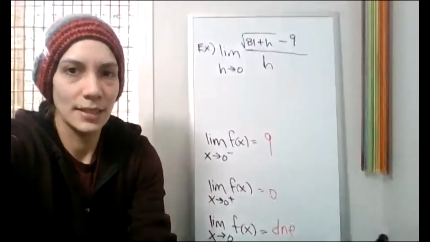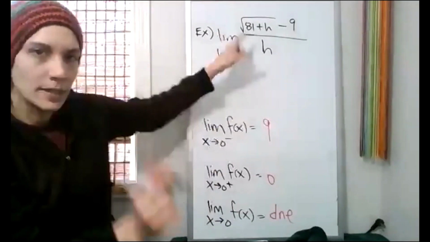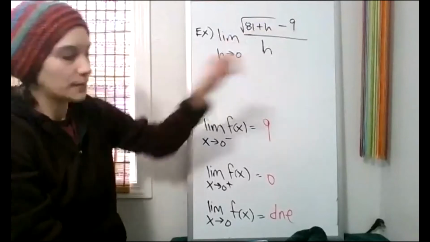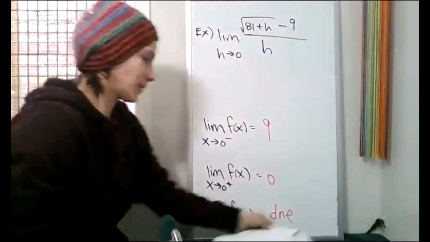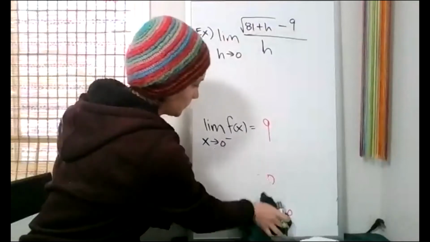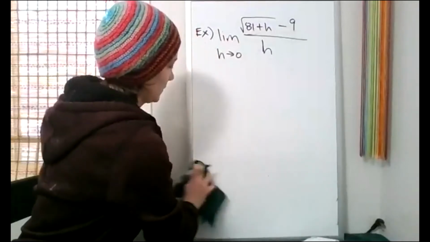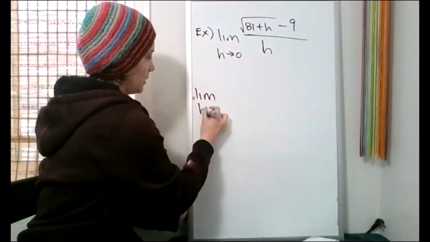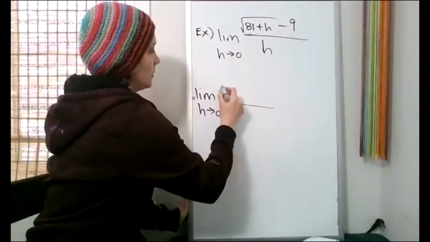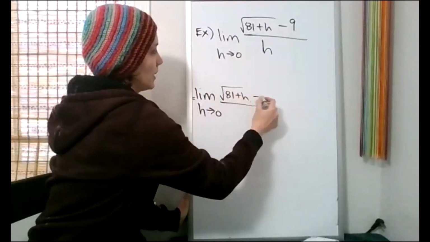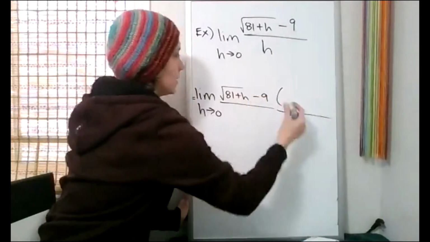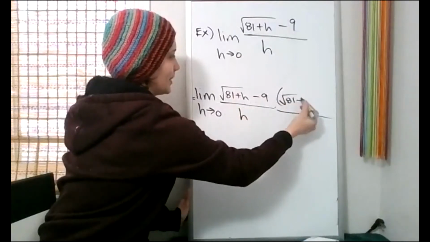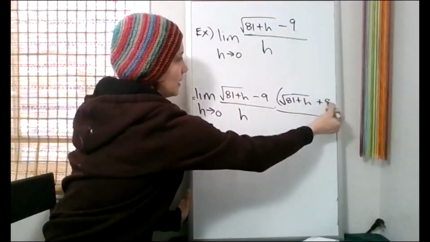All right, let's see if we can do this. We're going to multiply by the conjugate. It's going to be the root of 81 plus h plus 9 over itself. So the limit as h goes to 0 of the root of 81 plus h minus 9, times the root of 81 plus h plus 9, and then copy that in the denominator.